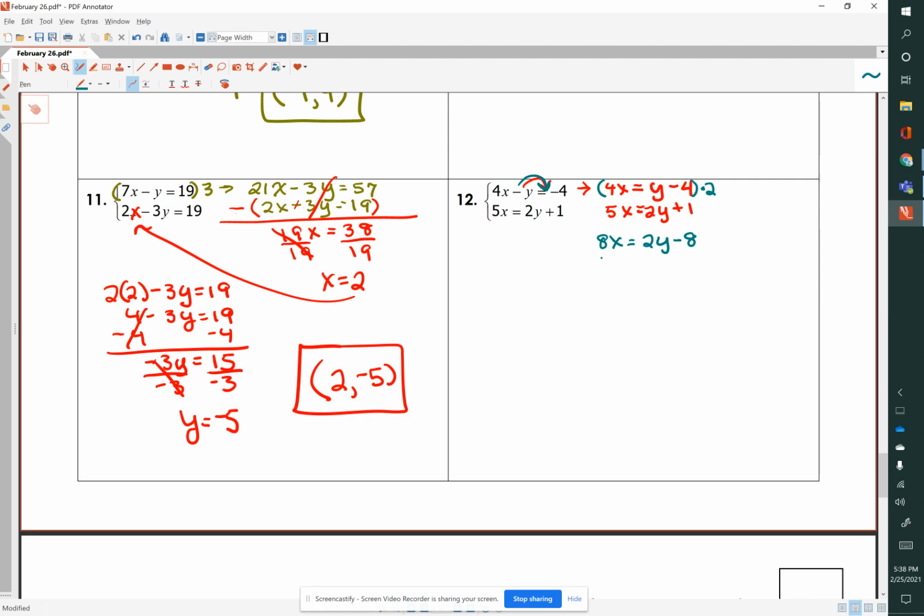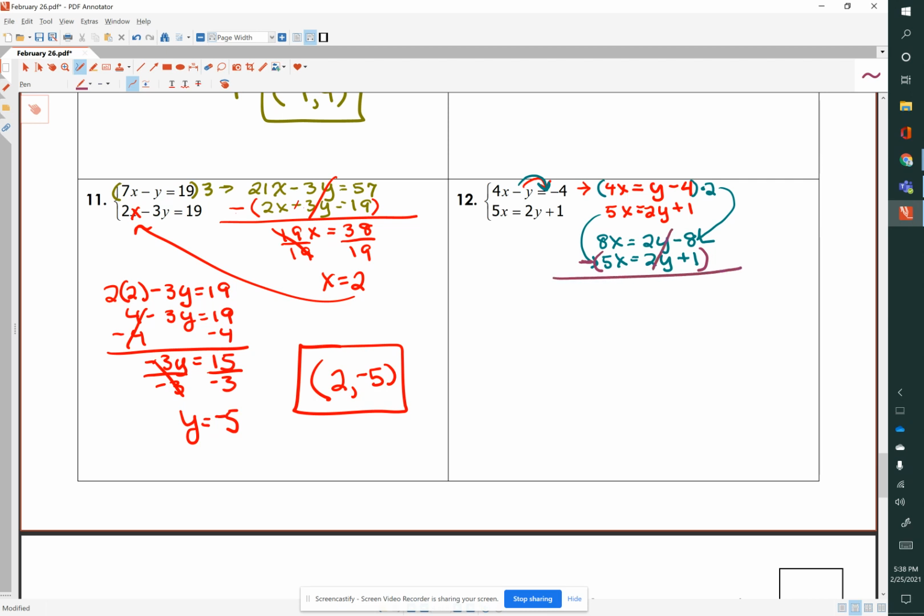And then I'm going to write my second equation down. Now I'm just going to copy this equation right here. 5x equals 2y plus 1. Now that I've got 2y, I'm going to subtract the second equation from the first.